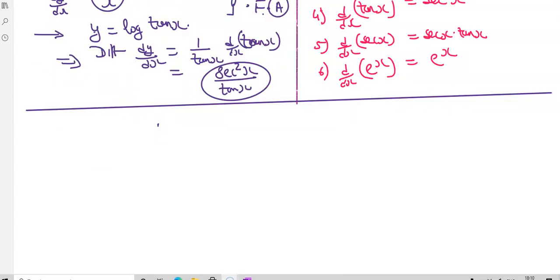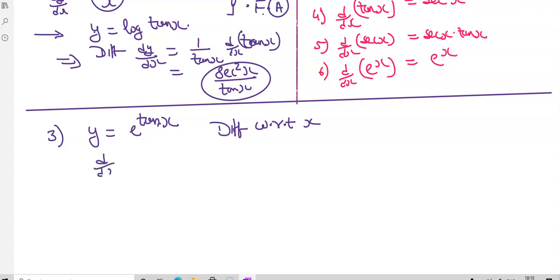Now let us see, if we have a question like y is equal to e to the power 10x, and if I differentiate with respect to x, I can do it like this: d by dx of y is equal to d by dx of e to the power 10x.